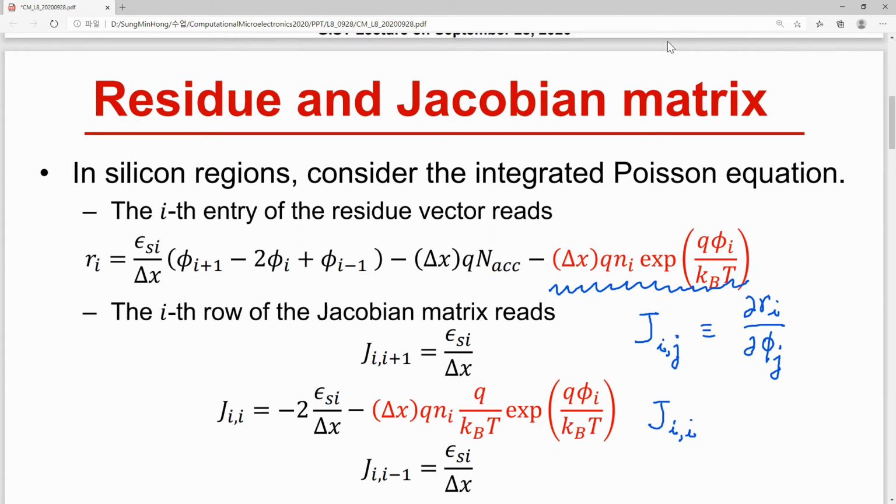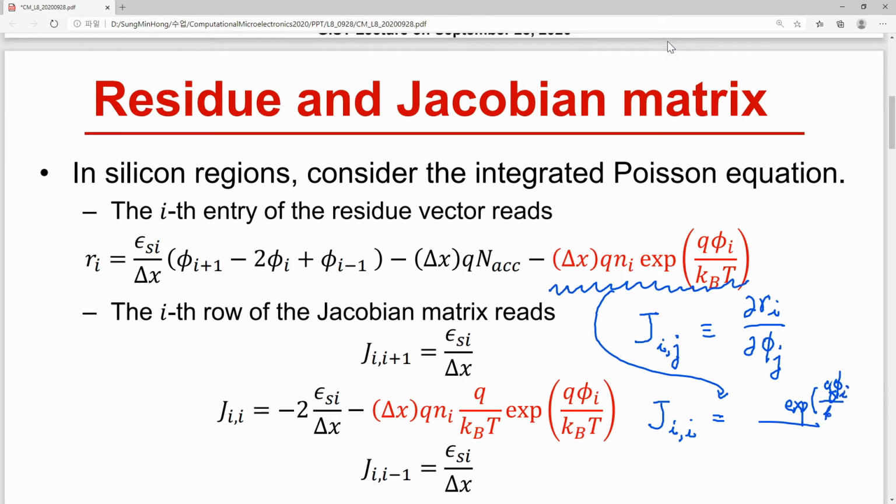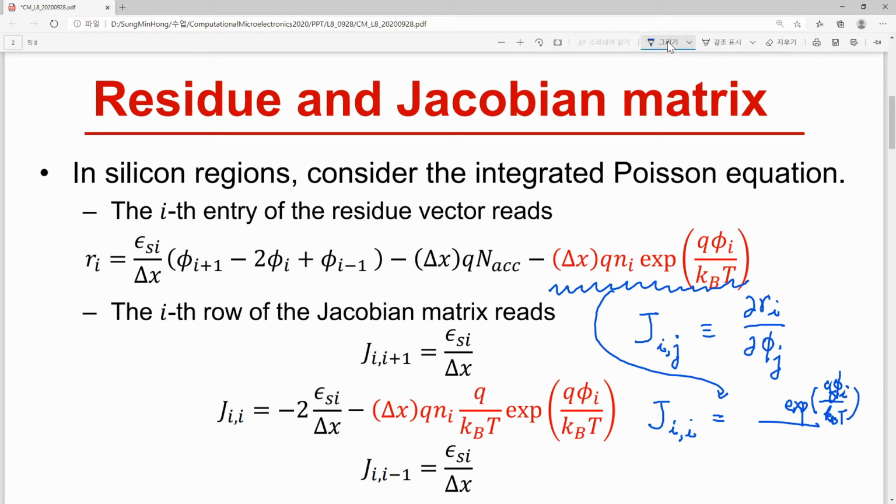It is because in this term, we have only terms like the exponential of something like q phi i over kBT, or something like this, delta x q and i.